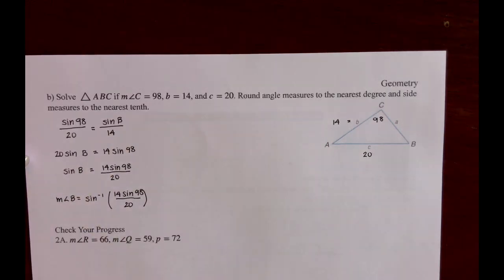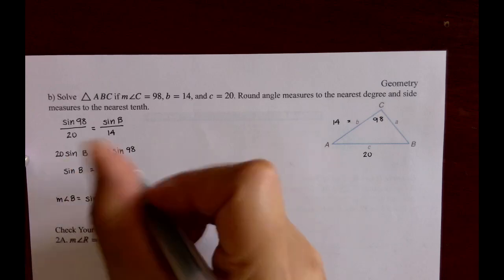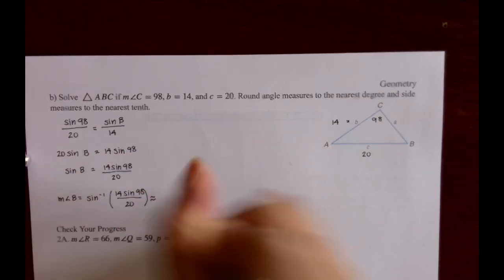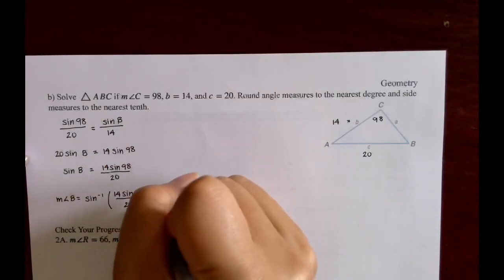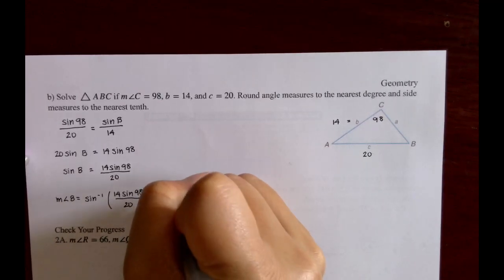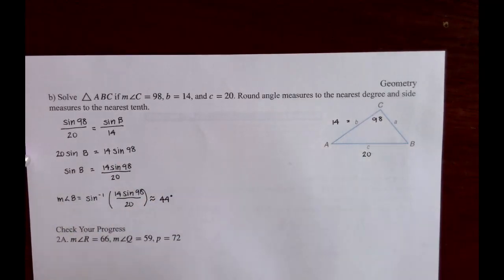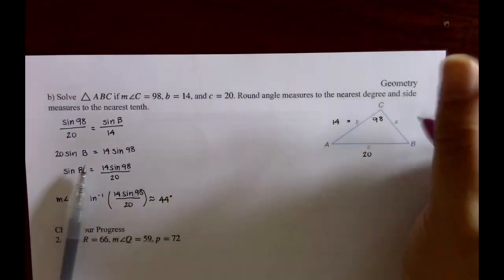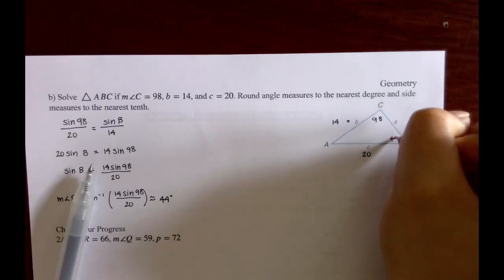Okay, I'm going to type that into my calculator. And that gives me 43.88 and so on. So I'm going to round that to the nearest degree, so that will be 44 degrees. Okay. So angle B now I know is 44 degrees.